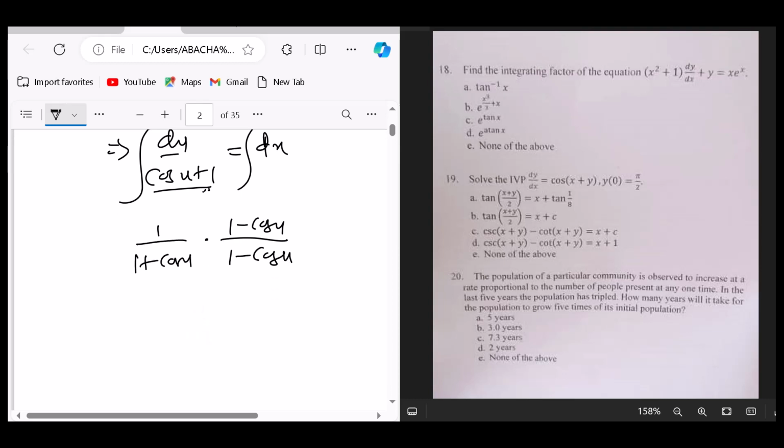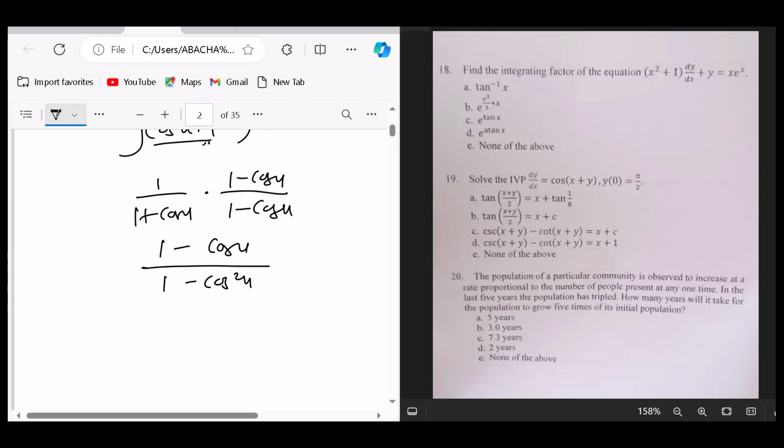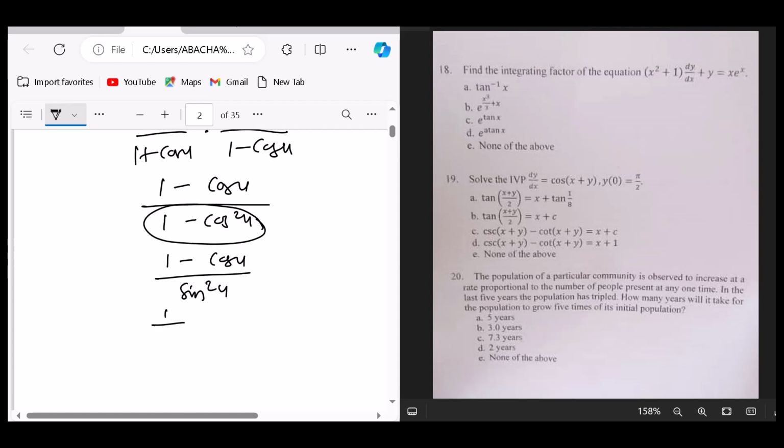So we just want to integrate this, so we have 1 minus cos u all over 1 minus cos squared u, and this one here is sine squared u. So we have 1 minus cos u over sine squared u. Dividing through, we have 1 over sine squared u minus cos u over sine squared u.